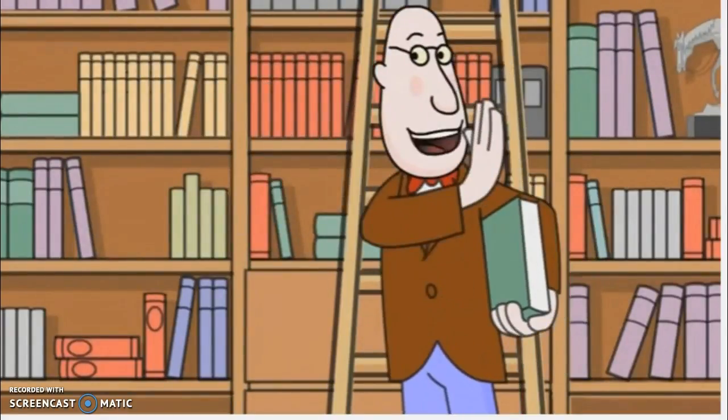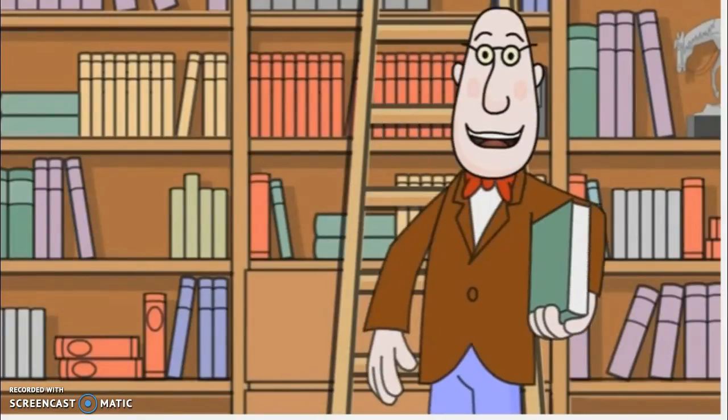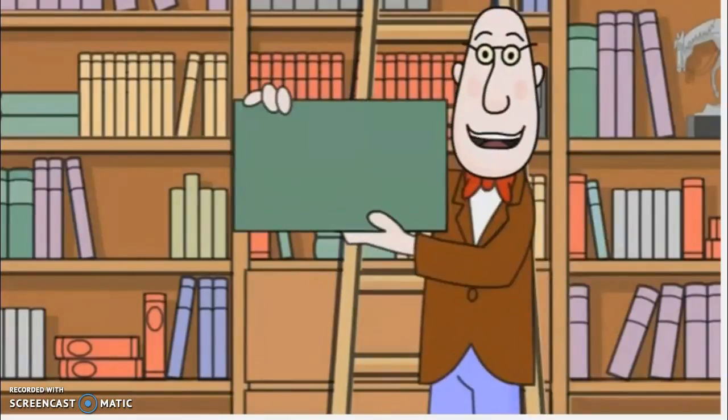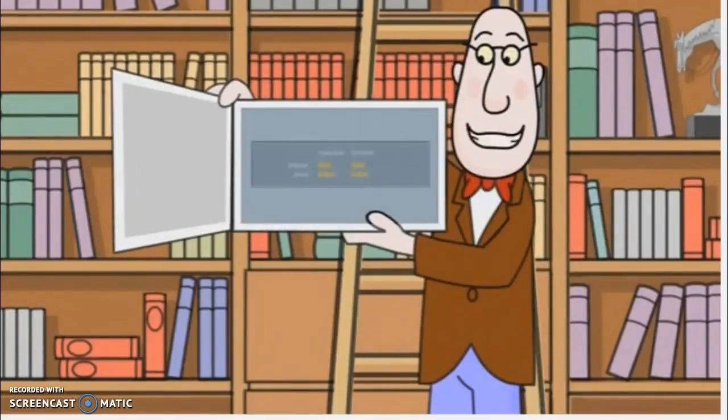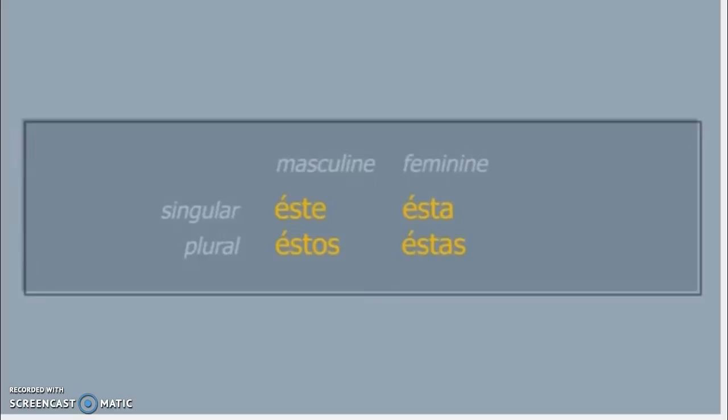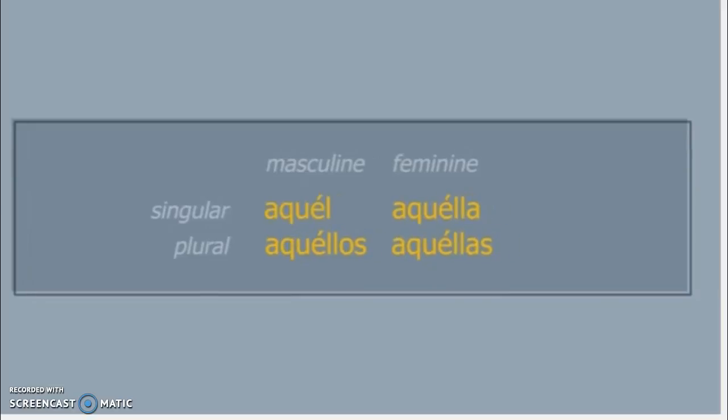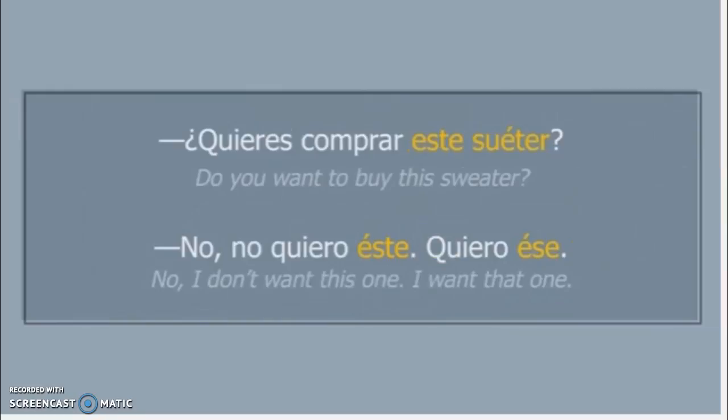The stressed vowel is always an E. The Real Academia no longer requires this accent, but it's still commonly used to distinguish demonstrative pronouns from demonstrative adjectives. Here are the demonstrative pronouns with the accents. Éste, ésta, éstos, éstas. Ése, ésa, ésos, ésas. Aquél, aquélla, aquéllos, aquéllas.